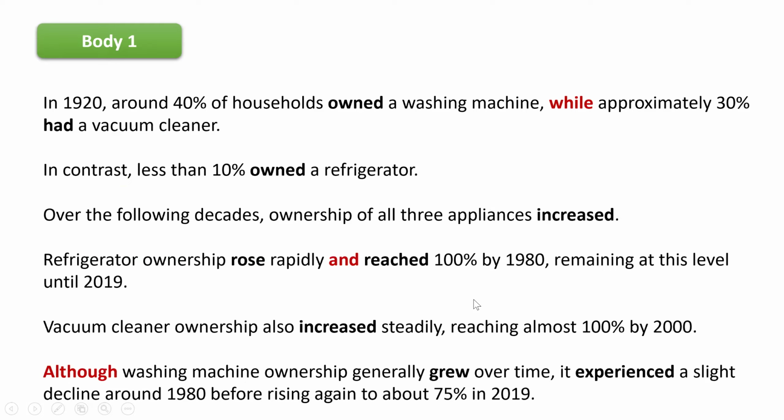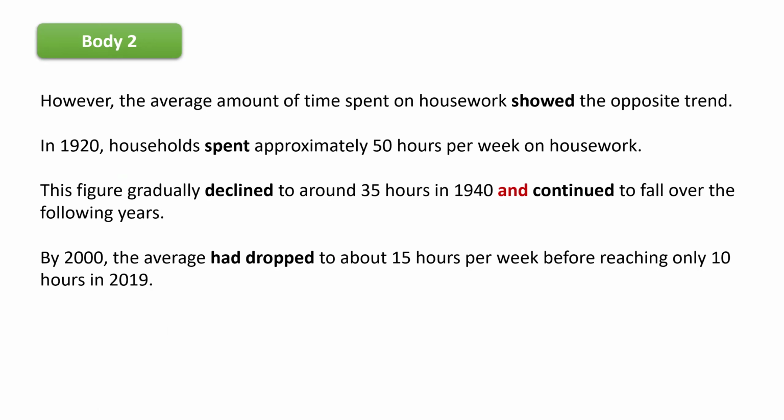Selanjutnya, we are going to move to the second body, the next paragraph, body two, focusing on the amount of time spent doing housework. Nah, ini ya. However, di sini ada hanya 4 kalimat. However, the average amount of time spent on housework. Spend di sini dia kata kerja tapi bukan kata kerja utama. Dia apa istilahnya ya?